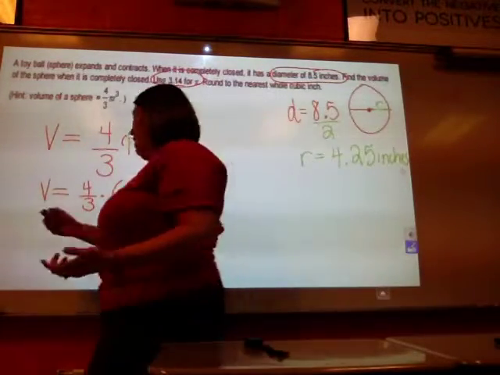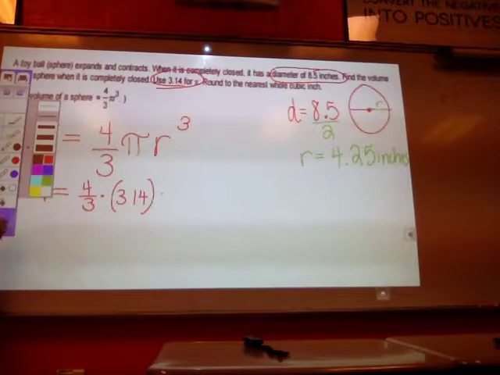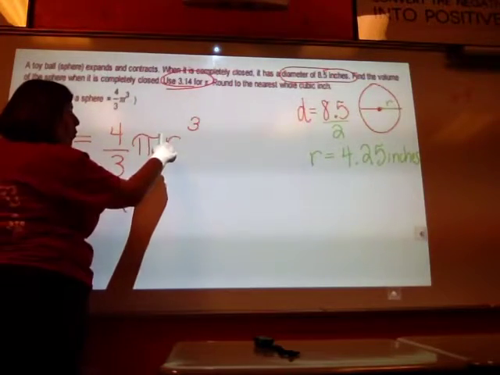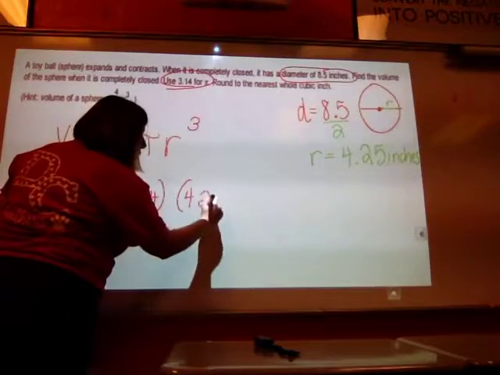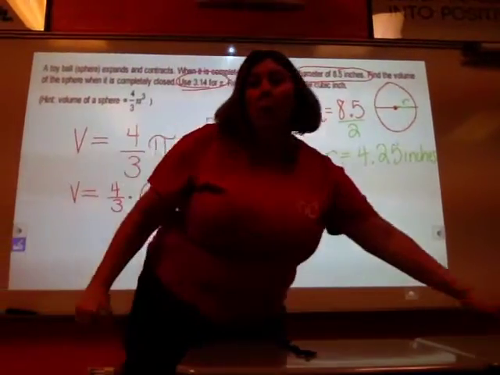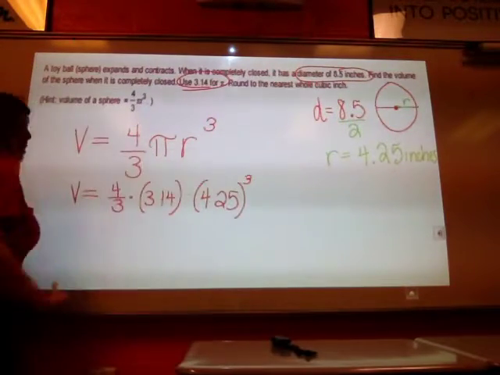So now I'm going to come back over here. And 4 over 3 times 3.14 times my radius, which I now know to be 4.25 cubed. Now, according to my order of operations, I have to cube this first.